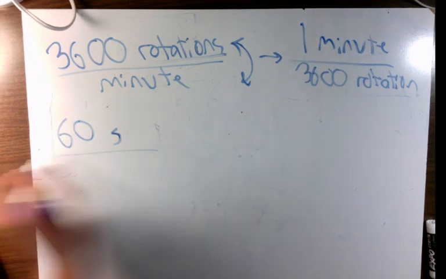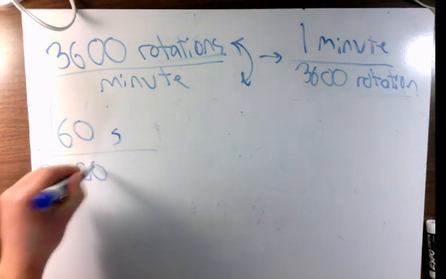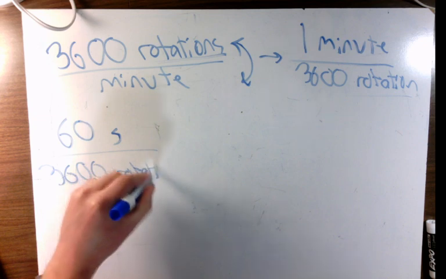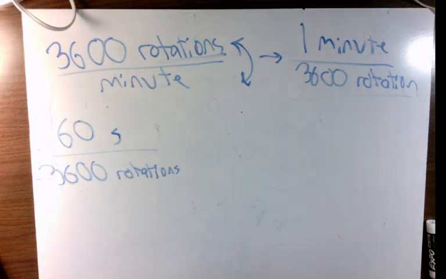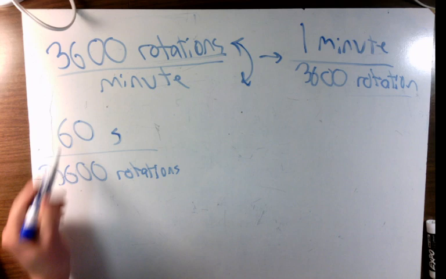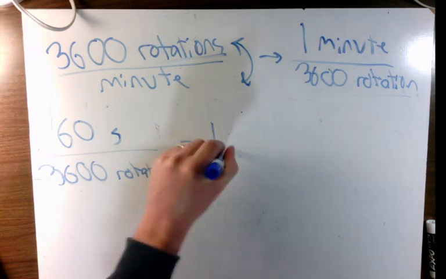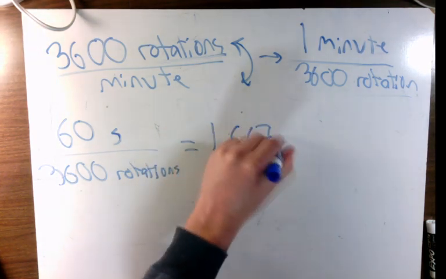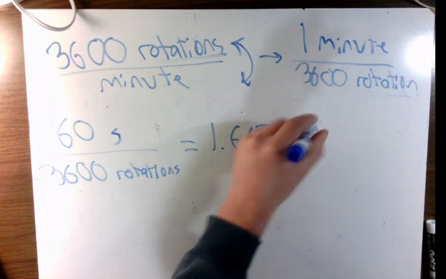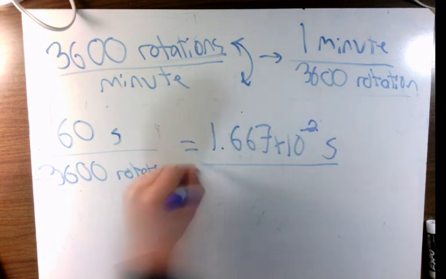60 seconds for 3,600 rotations. Or if we divide 60 by 3,600, we will actually get 1.667 times 10 to the negative 2 seconds per rotation.